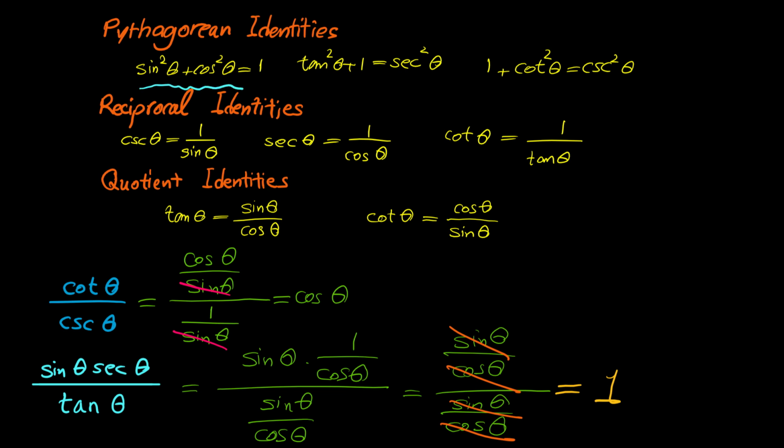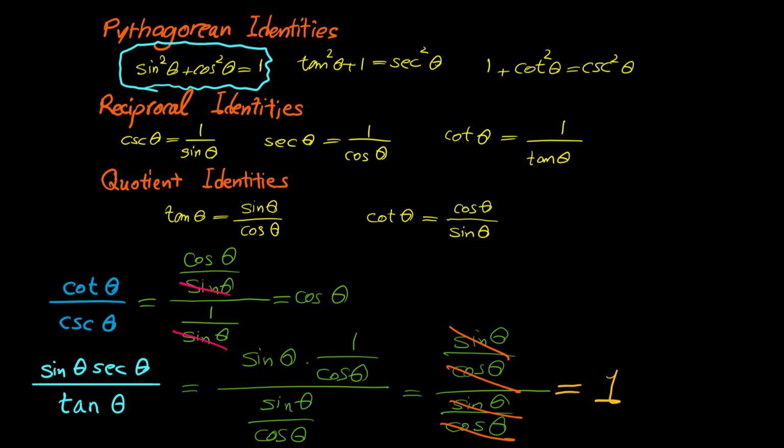One problem that many people have with this identity is that they think they can use it only when they have sine to the 2 plus cosine to the 2. But basically, this identity can be written in two other forms, and those forms are also very important. Please pay attention.